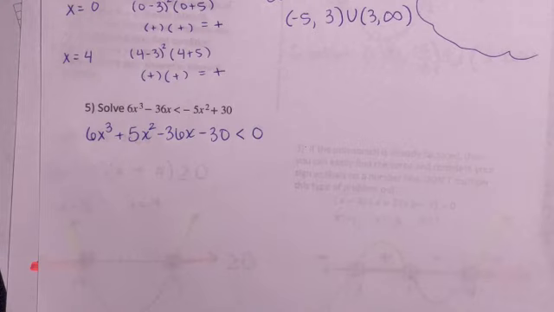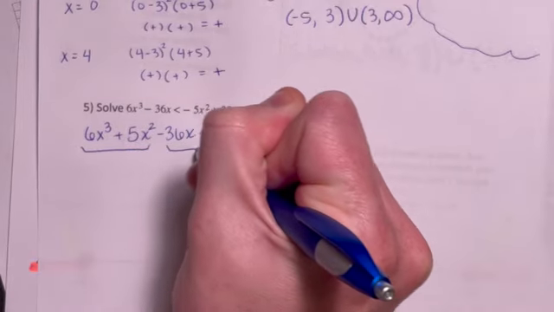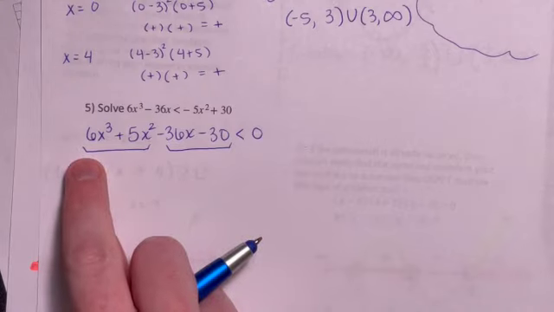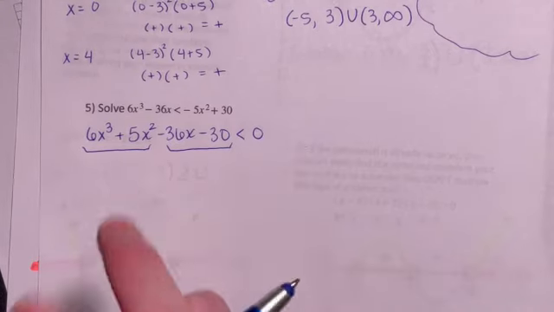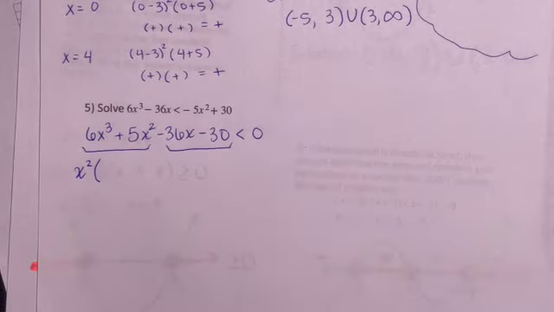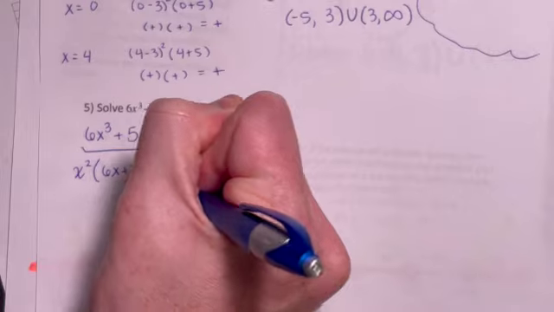This is one that we have to factor. If that can't factor, we're kind of screwed. So we do need this to factor. Since it's 4 different terms, I'm going to try factoring by grouping. The first group, 6x cubed plus 5x squared, has a GCF of x squared, and it leaves me with x squared times 6x plus 5.